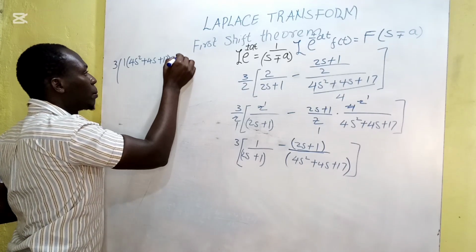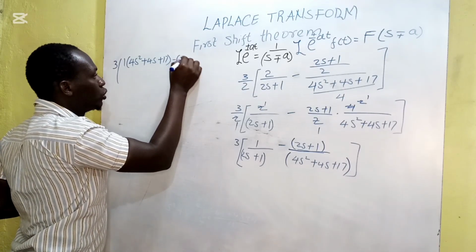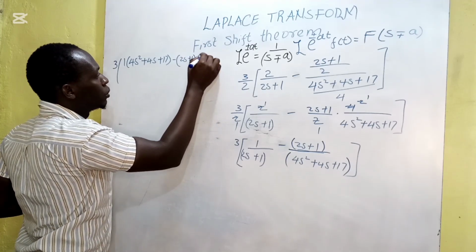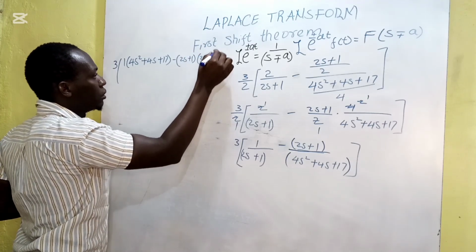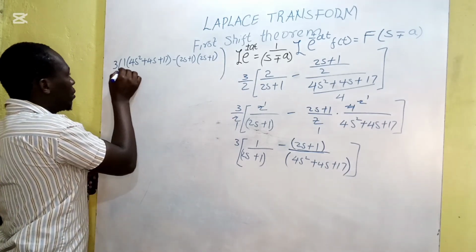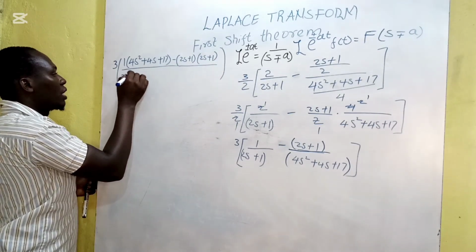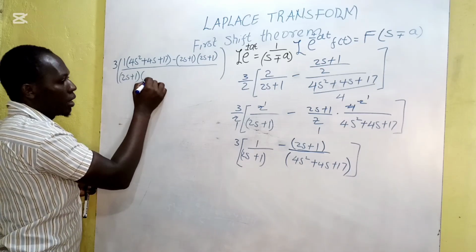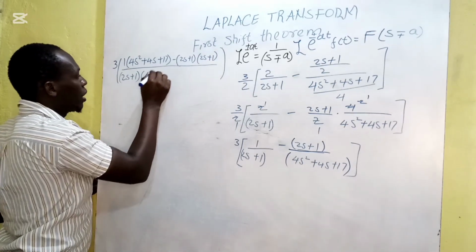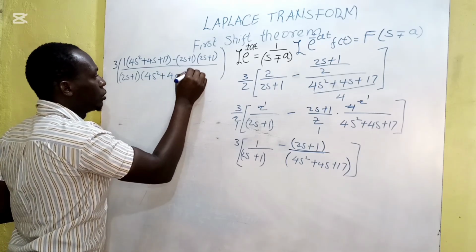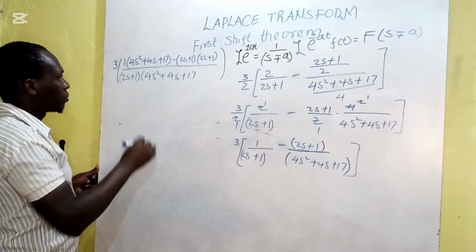We come and subtract from 2 as we add to 1, we multiply by 2 as we add to 1. Everything will be all over 2 as we add to 1, we multiply by 4s squared, we add to 4s, we add to 17.